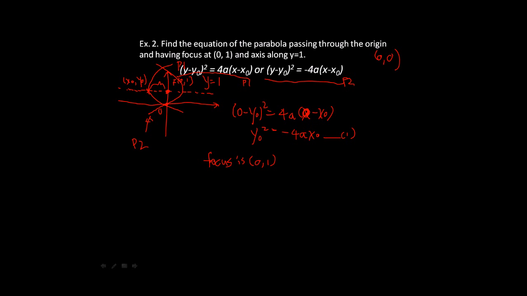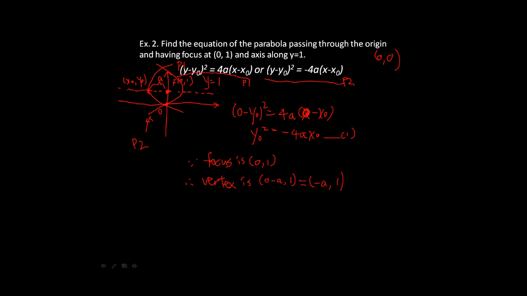So a here is just the distance between the vertex and the focus. And actually from here we know that y naught is equal to 1, because the vertex will always lie on the axis. So because the focus is (0, 1), then we know that the vertex is (0 minus a, 1), which is (minus a, 1).